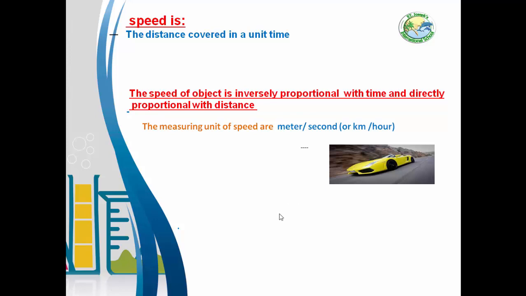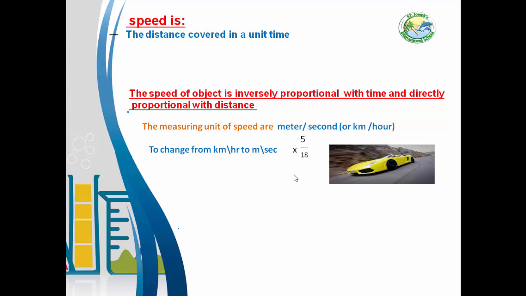To change from kilometer per hour to meter per second, we have to multiply by 5 divided by 18. If we have the speed in kilometer per hour and we want to change it into meter per second, we multiply the speed times 5 divided by 18.